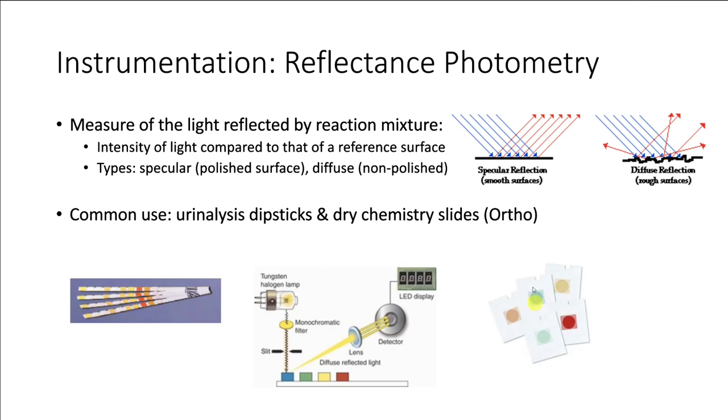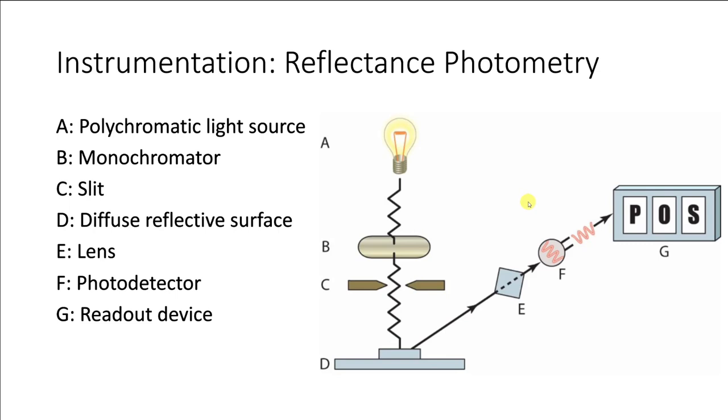Once we inject them with the liquid, a reaction forms, and that causes a color change. The intensity of the color once the reaction is done is directly proportional to the concentration. Very similarly to spectrophotometry, reflectance photometry still has some sort of polychromatic light source, and a monochromator or just a filter to help isolate one wavelength.